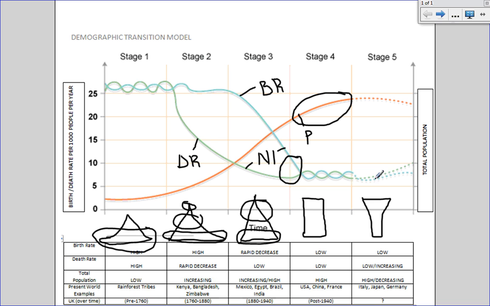But here's what we can detect, is that the birth rate is very low, stayed quite low here, and that the death rate is starting to actually increase. And it's not increasing because babies are dying, but rather because we've got a lot of old people now in the population. And yeah, old people, I guess, die. So what this means is that the population line here we can see is starting to decrease.